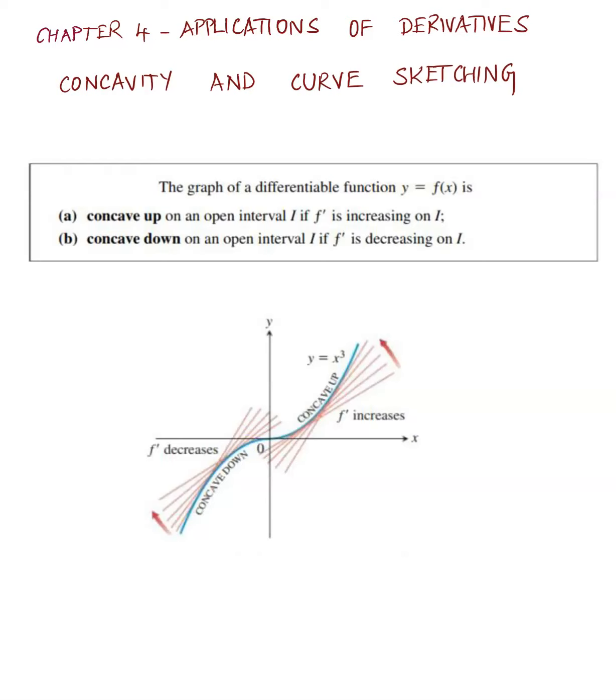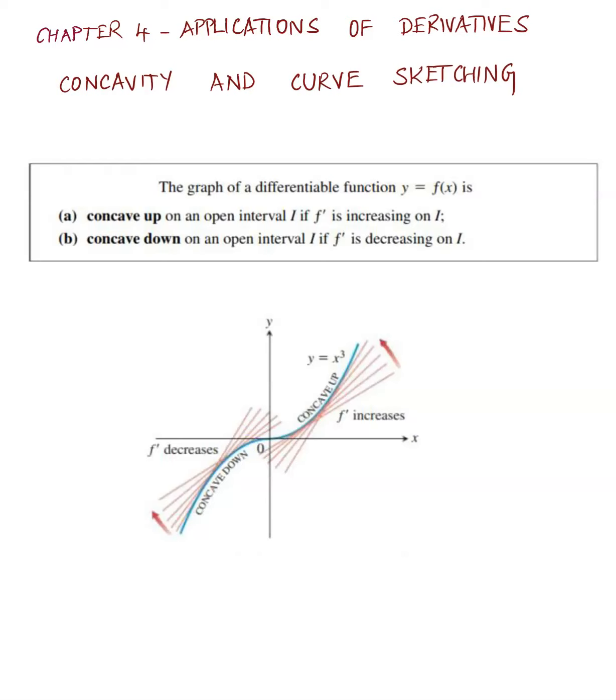If the slope increases, then you know it's concave up. And in the portion of the graph in the third quadrant, each time you take the derivative, f prime decreases, and so that's concave down.